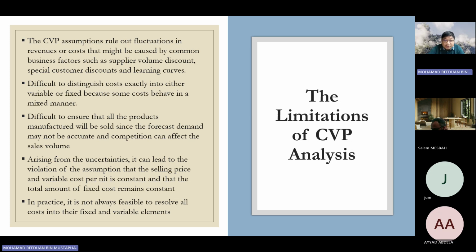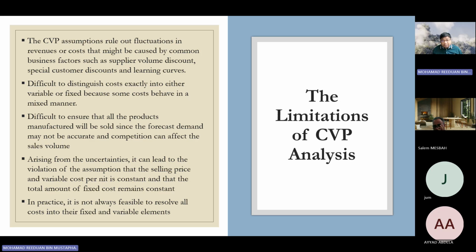If you don't put the right value for fixed cost, your CVP analysis cannot be right, and your break-even point will not be located at the right amount. That's why you need to split them out, because even the fixed costs by nature are sometimes a variable mix. You need to mix them up. You cannot simply choose which one is higher. You need to split the cost as either fixed or variable.